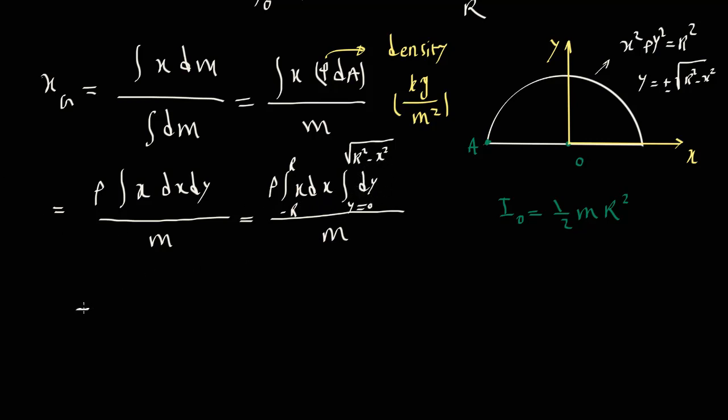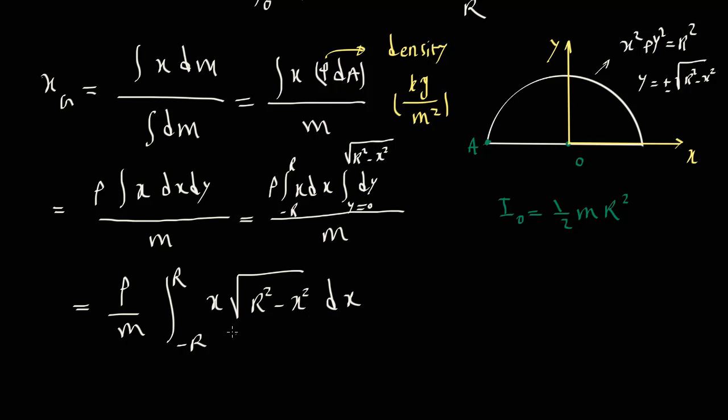This would be rho over m, the integral from minus r to r of x times the square root of r squared minus x squared dx.